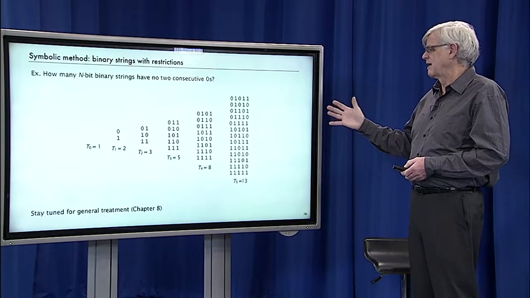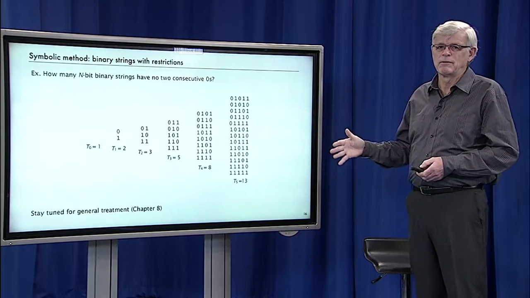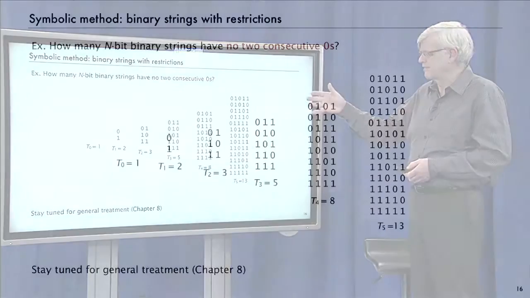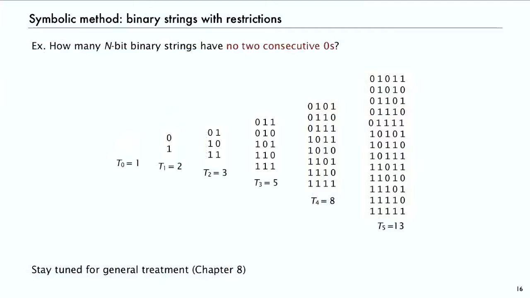So here's now a first example of a problem that might be more difficult to solve. And it's representative of a very general treatment that we'll do in Chapter 8. How many n-bit binary strings have no 2 consecutive zeros? Actually, there's lots of practical applications where such questions are quite important.